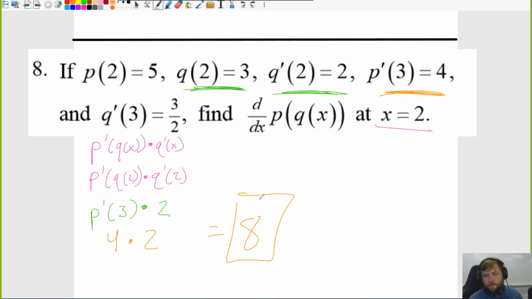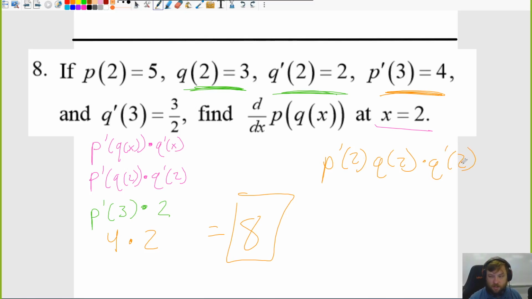So stuff like this is typical on APs. This tests your conceptual understanding of how the chain rule works. The trap is that people would just go p prime of 2. They would do p prime of 2 times q of 2 times q prime of 2.